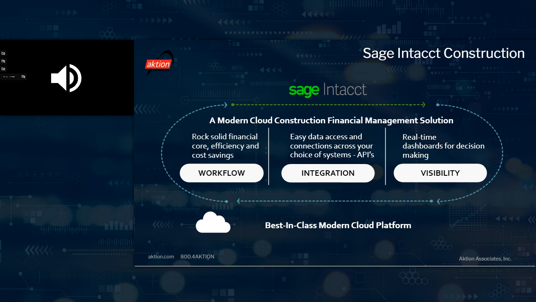Intacct? Well, as we know, Sage Intacct is a cloud-based construction software. As we start to look at this, there are a lot of different workflows and different abilities to integrate many of your different platforms, such as your Procores, your TimberScans, your Paperlesses, or any of those other ones.